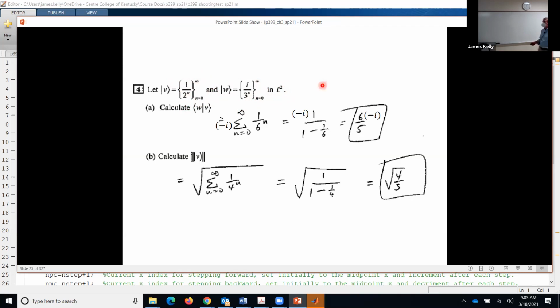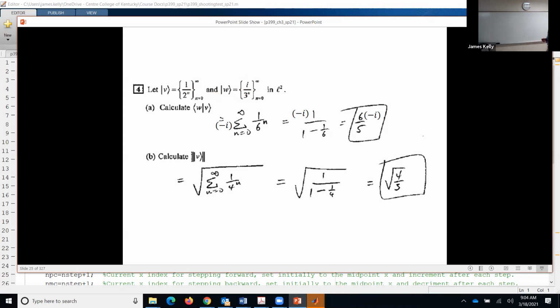So let's calculate the inner product between W and V. W is the one that needs the star on it, always the first one in the inner product. So the i that's in here turns into a minus i, and we multiply the minus i over the 3 to the n times the 1 over 2 to the n, multiply the components, then add them to the multiplication of the next component.